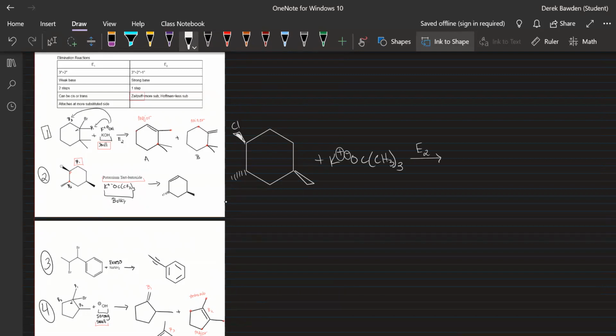We have a strong base. So everything here happens in one step. So our base, because we got one product here, right? It's going to steal a proton from here. And those electrons will slap down, form a double bond, and then the leaving group will leave.